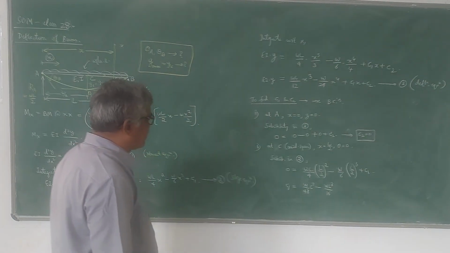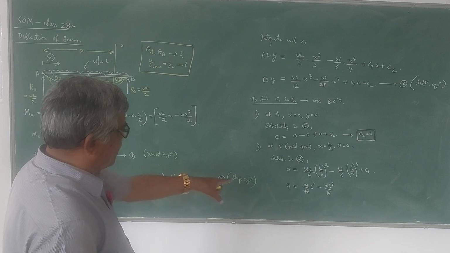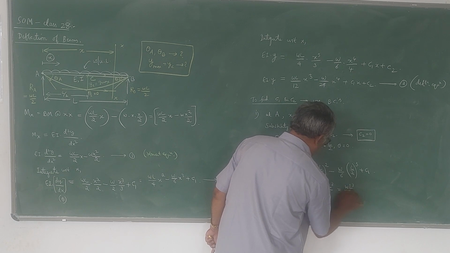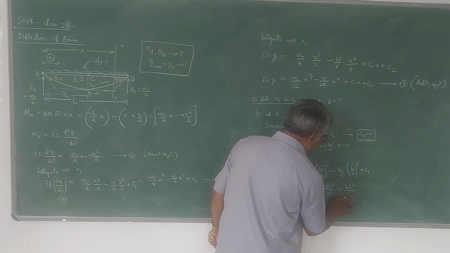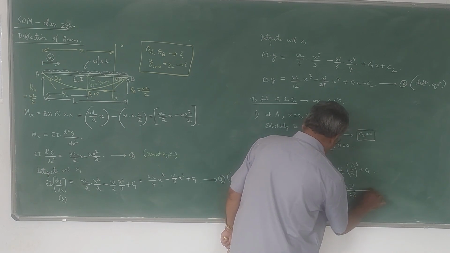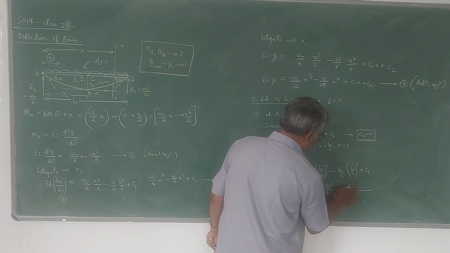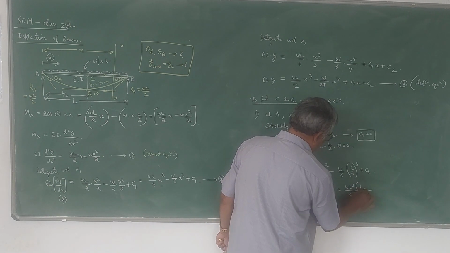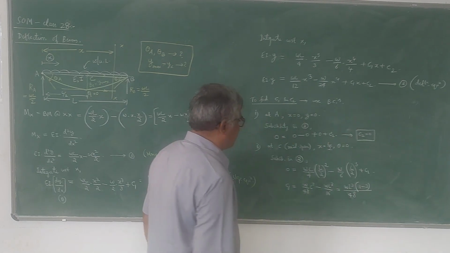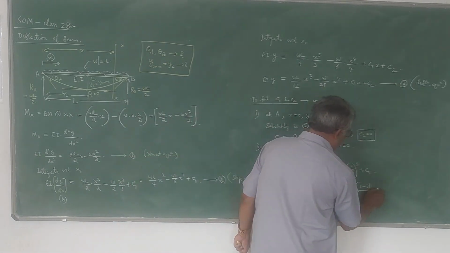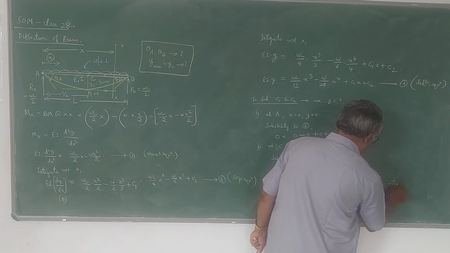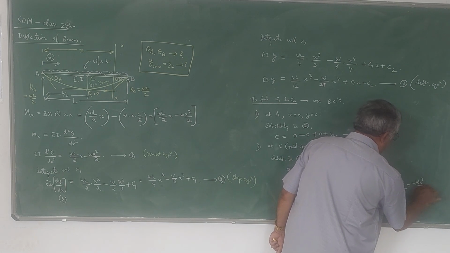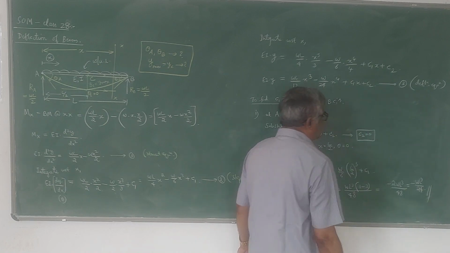Now C1 can be written as W L cube by 48, which is the LCM. So it becomes 1 minus 3, that means minus 2, so minus 2 W L cube by 48, or minus W L cube by 24. So this is the value of C1.